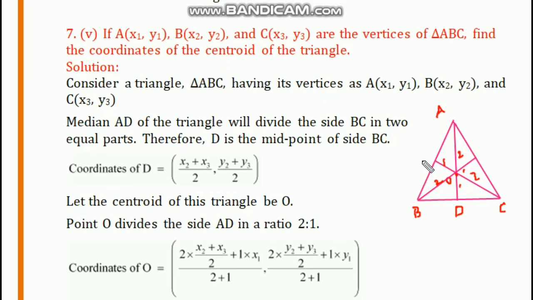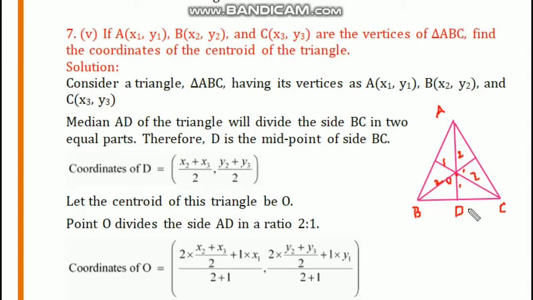So these are the 3 points A, B, C. Here I took the centroid as O. To find the centroid, first we need to draw the medians: from A to side BC, from B to side AC, and from C to side AB.